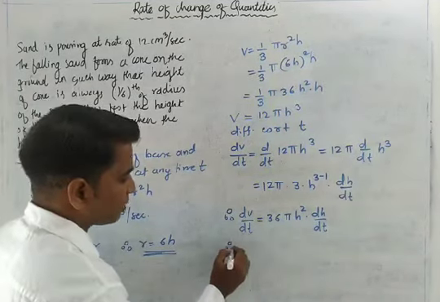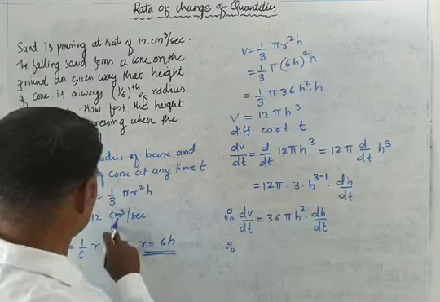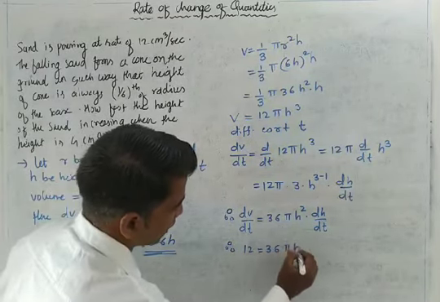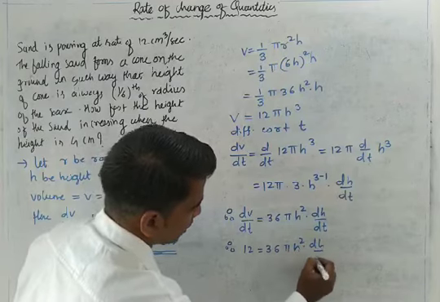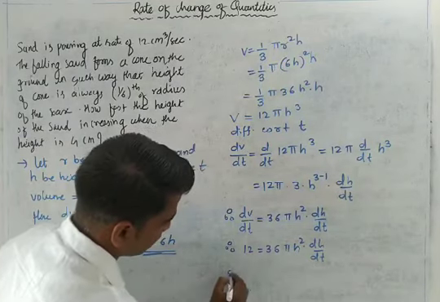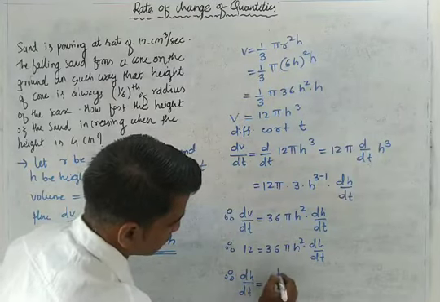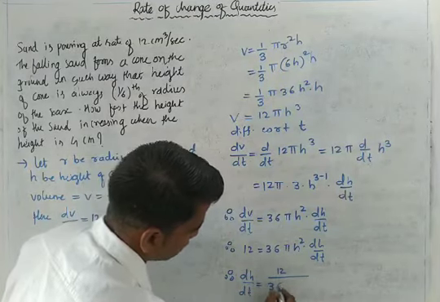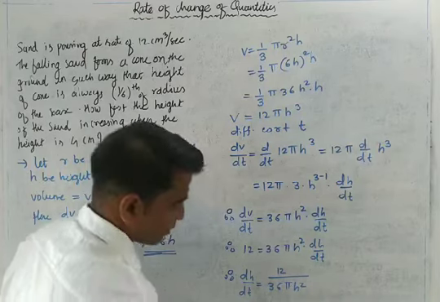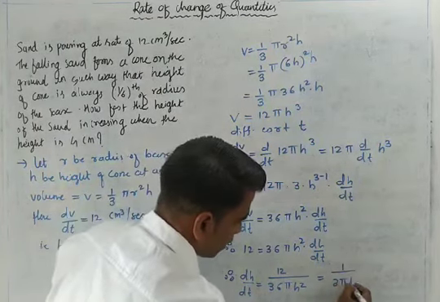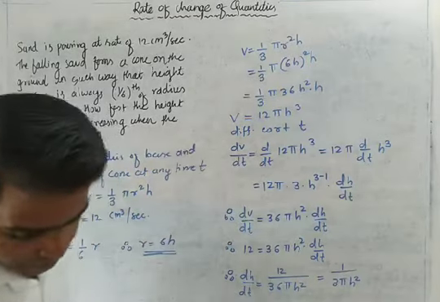Now it is provided that dV by dt is 12. So 12 is equal to 36 pi h square into dh by dt. Now therefore dh by dt is equal to 12 upon 36 pi h square, that is 1 upon 3 pi h square.